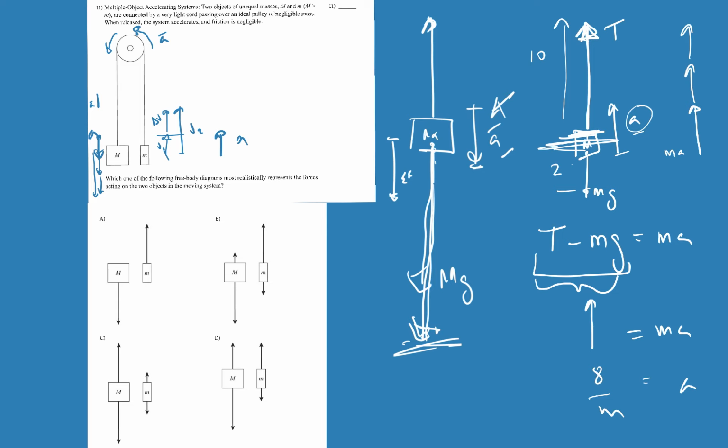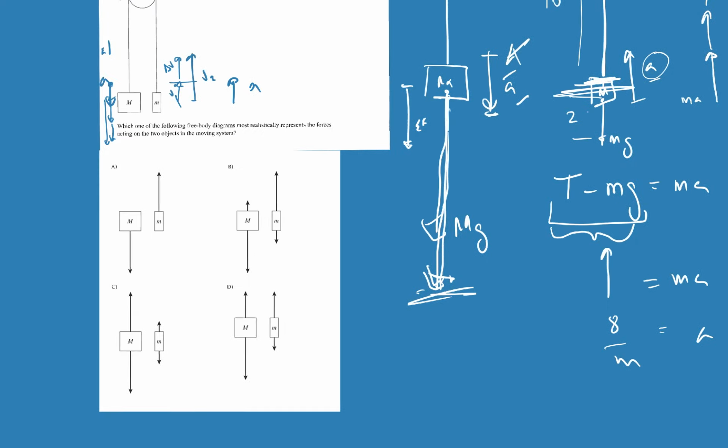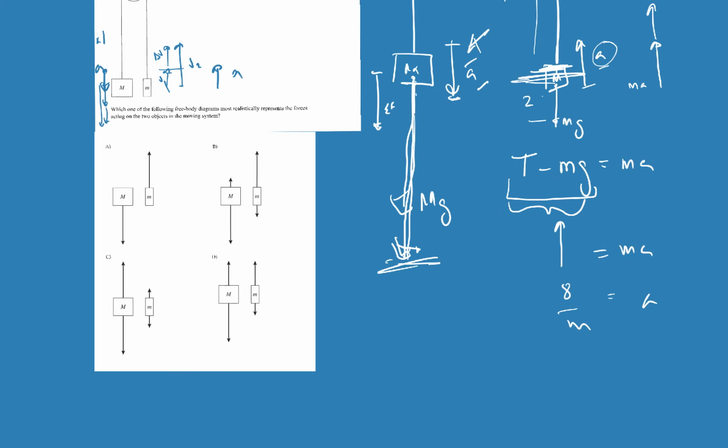So now we have to choose which one it will be. Okay, in this one, for example, they have the weight small and the weight big, but the two tensions are not equal, and I need equal tension. So this one is not it.